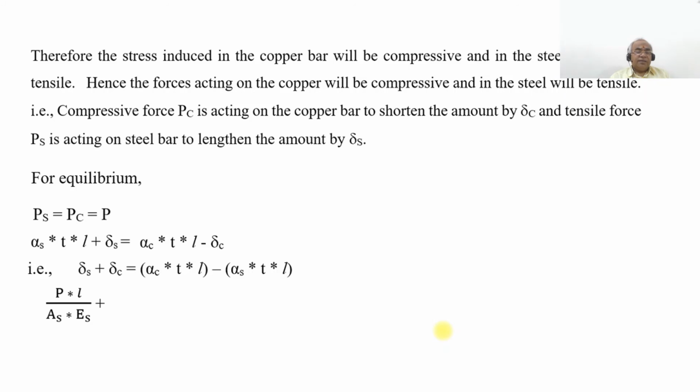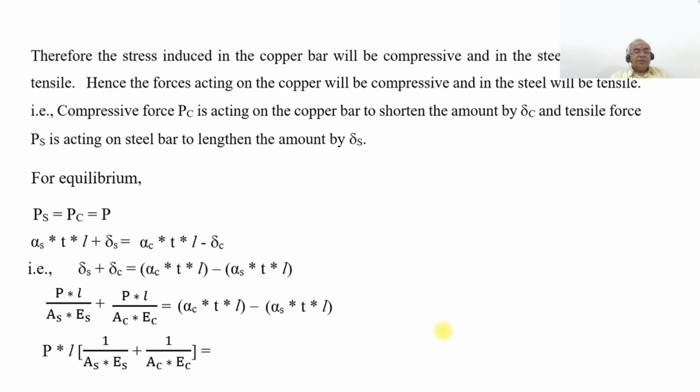So what is delta S? P into L by AS into ES, plus P into L by AC into EC, which will be equal to alpha C into T into L minus alpha S into T into L. So you take out P into L as a common factor: 1 by AS into ES plus 1 by AC into EC will be equal to alpha C minus alpha S into T into L. So L will get cancelled.